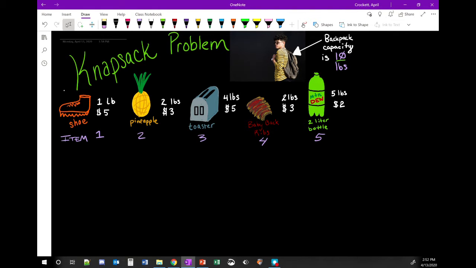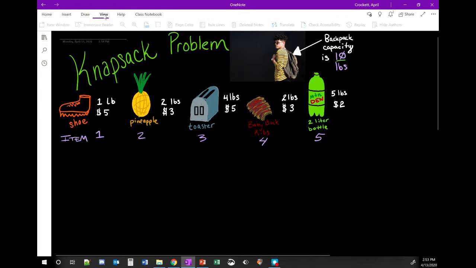So we create a table that's actually going to be a 2D array, and the number of rows is the number of items that we have. So I want to change this to where I have a graph.